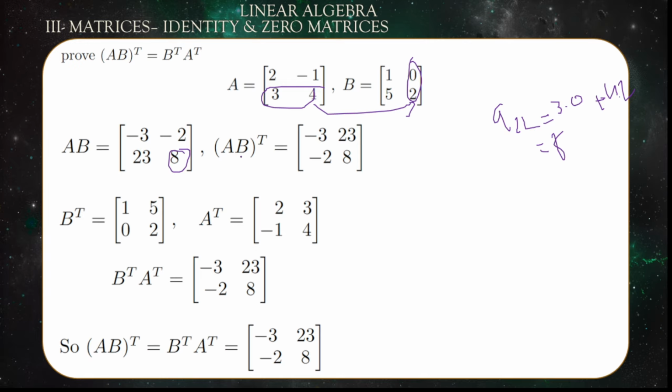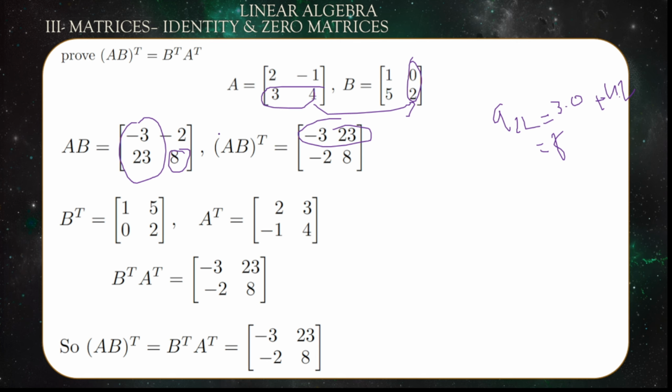It would sit here. Now, the transpose of AB is equal to, you simply flip the column into row and row into column. So minus 3, 23, you flip it 90 degrees anti-clockwise, or the way that you like to do it. Let us keep the original way.